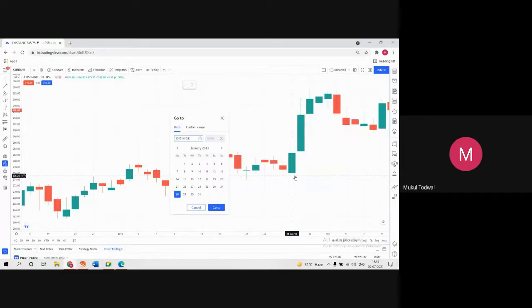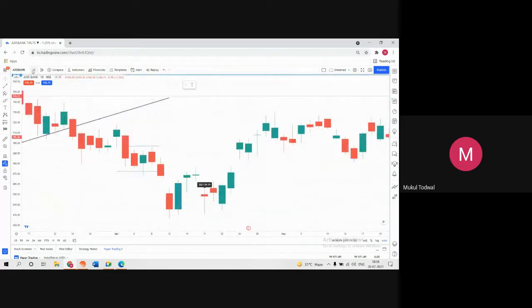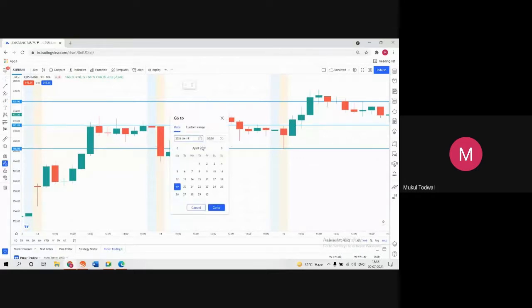A perfect example of a morning star is again over here in the Axis Bank 30-minute chart. And the time frame should be 2021 24th 19th. Okay.